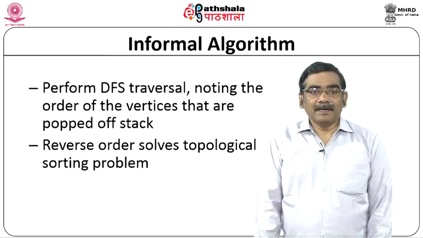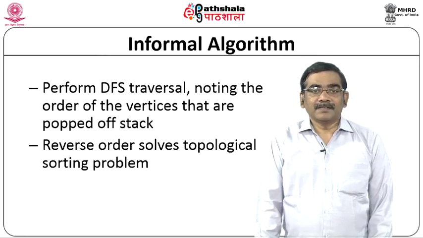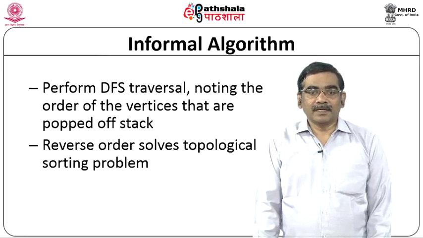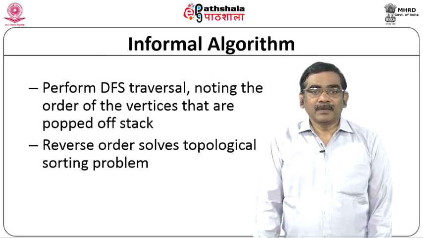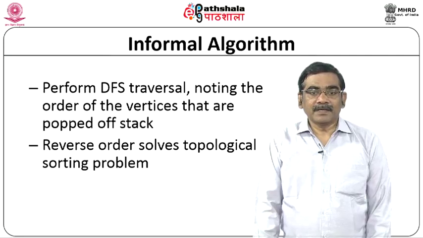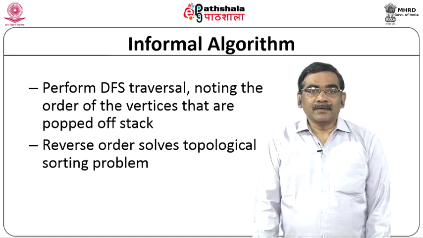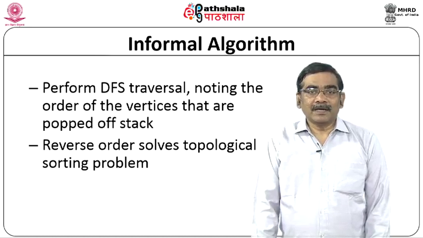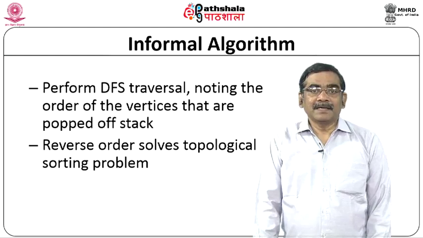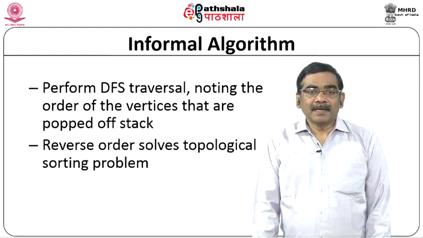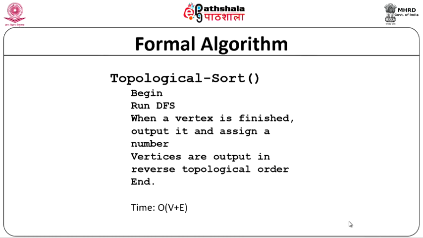We can perform DFS, depth first search, which we discussed in one of our earlier modules, where we use a stack and try to visit all the nodes, and the reverse order gives the topological order among the various elements. In other words, this problem can be solved using the DFS algorithm.